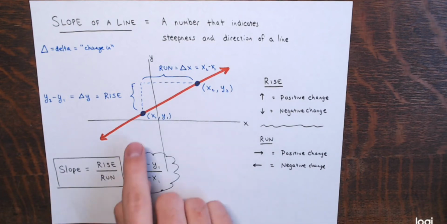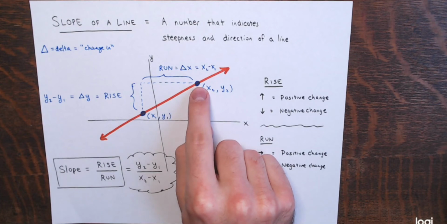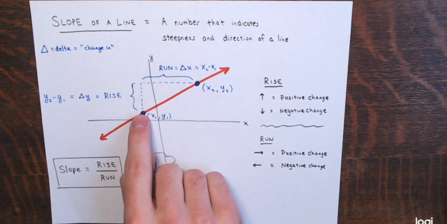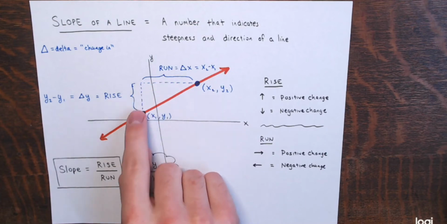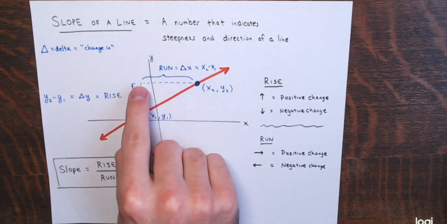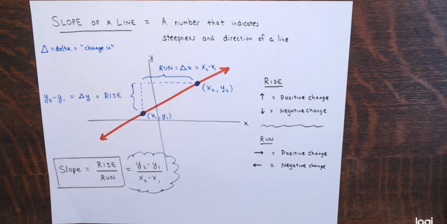And the slope was calculated as the rise divided by the run. If you travel from one point to another point on the line, you need 2 points to be able to calculate slope. Travel from one point to another point going up and down and left and right. How far you went up or down is the rise, and how far you go to the right or left is the run.